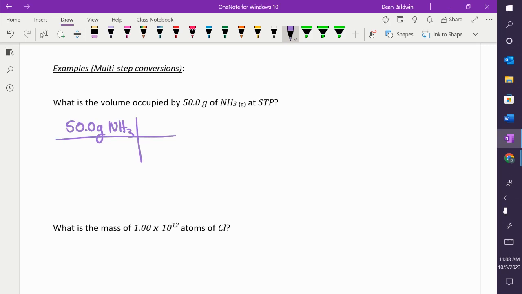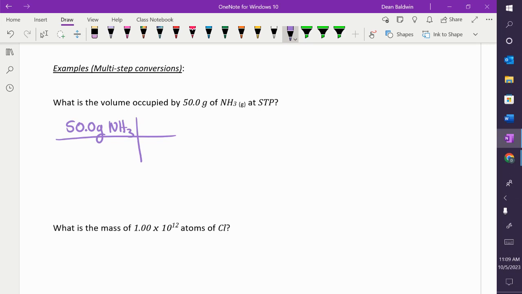Now, for these questions, it's only going to be one chemical, but in the next unit or the unit after that, we start to look at reactions, the chemical will change. Okay, so writing NH3 is important. So we have 50 grams of NH3. I'm trying to get the volume. I need to get rid of the grams. What unit do we always want in chemistry most of the time?